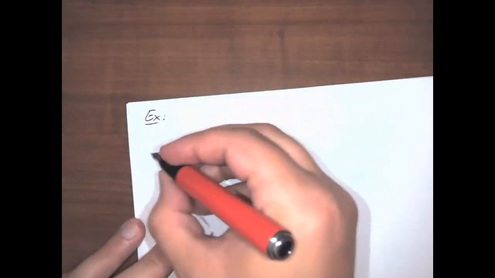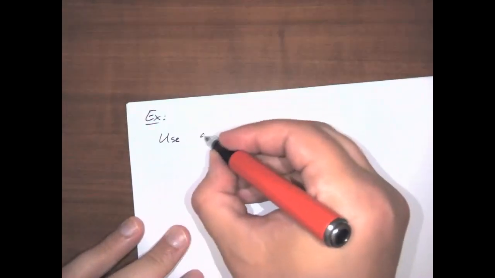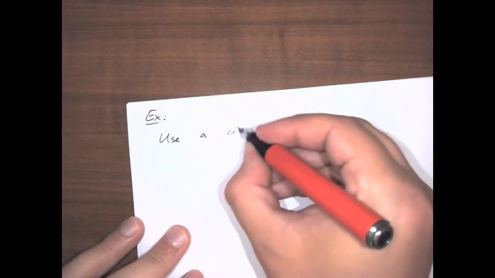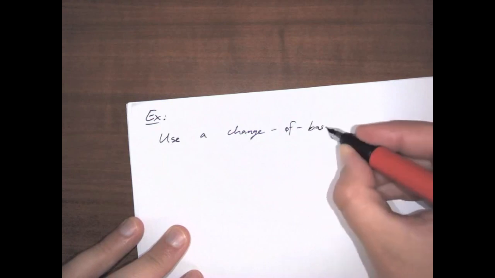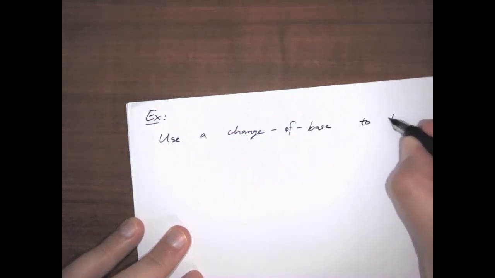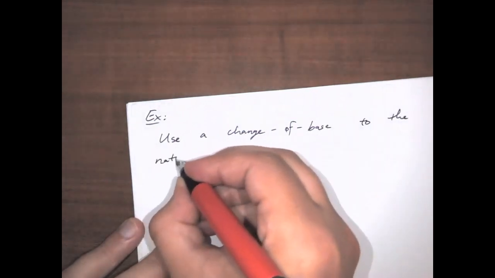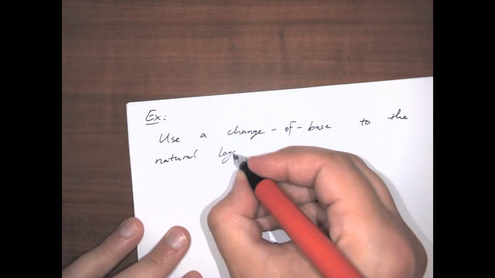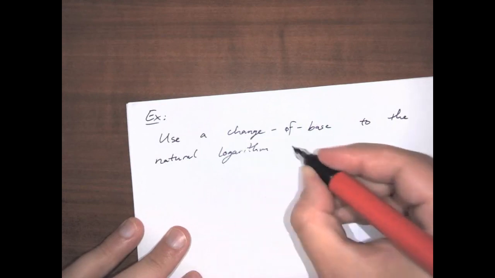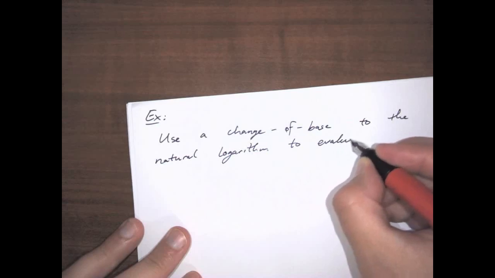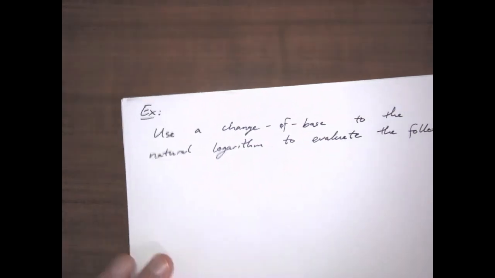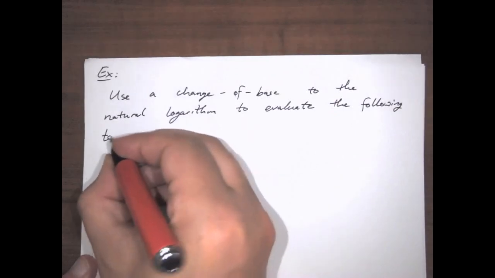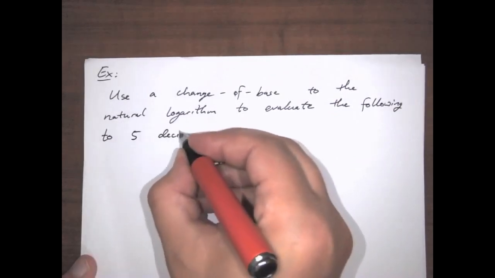So an example: use a change of base to the natural logarithm to evaluate the following to 5 decimal places.